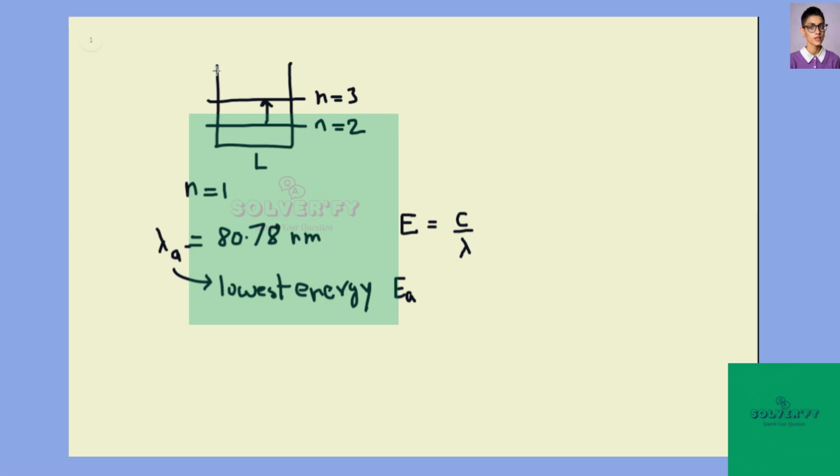The electron can also jump to n equal to 4, but the energy required will be greater than what is needed for n equal to 3. So EA should actually correspond to the energy difference E3 minus E2.